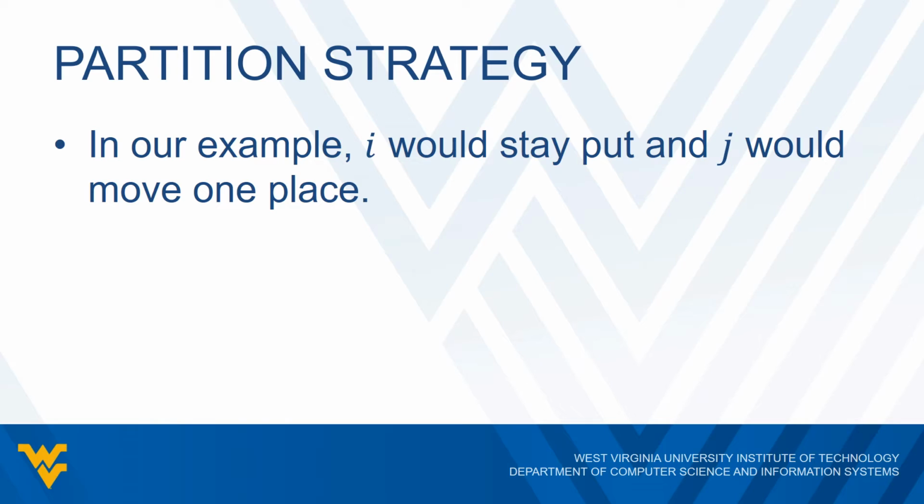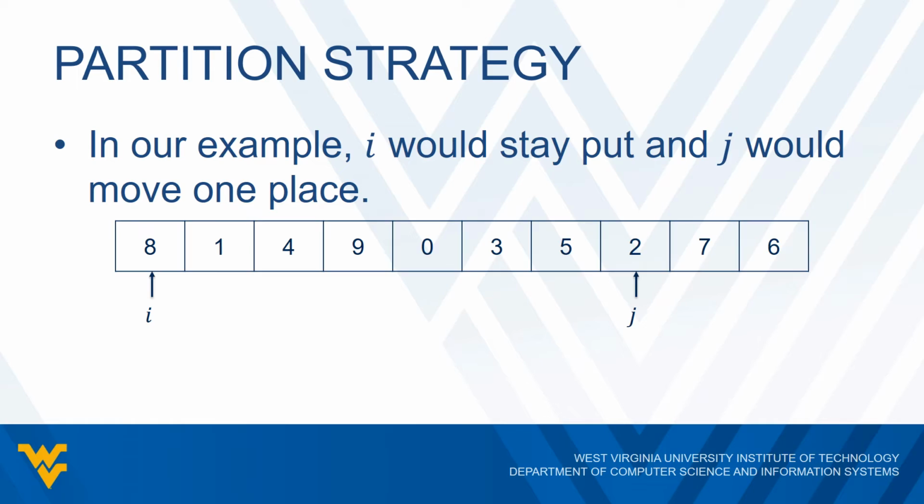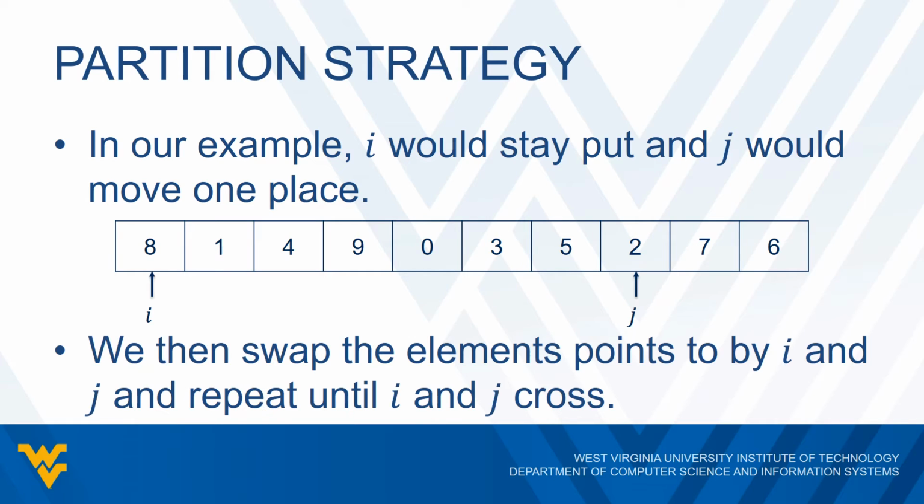And j would move over 1 place, because j was initially at 7, which is larger than 6, but when we move it over, as we see here, it's now at 2, which is smaller than 6. So we would swap the elements at i and j, and we would keep repeating this until i and j cross. Once that happens, then we know that we have completed the partitioning.